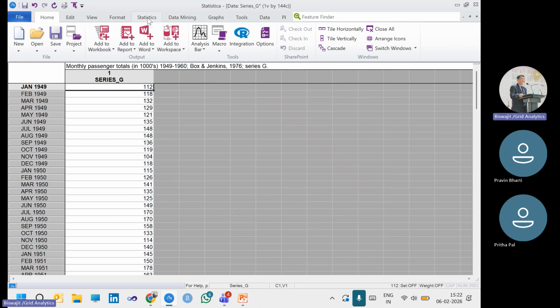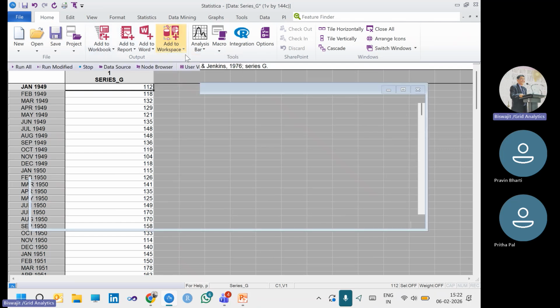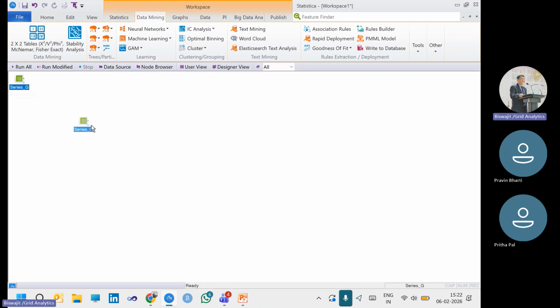So let's see how to do that. As I have been saying, we will be getting into the statistical visual data science workflow. If I click here, add to workspace, I get this visual data science workspace, right?